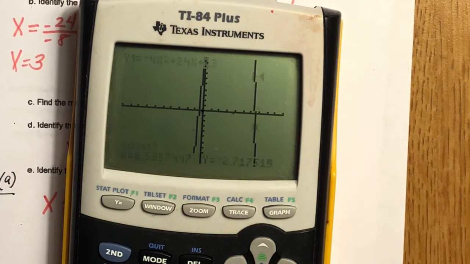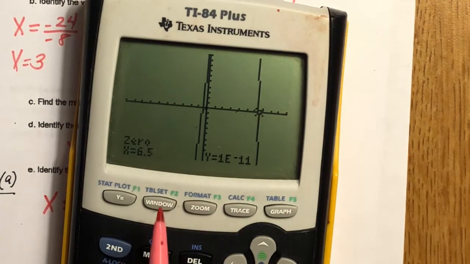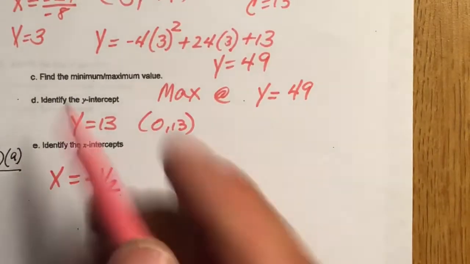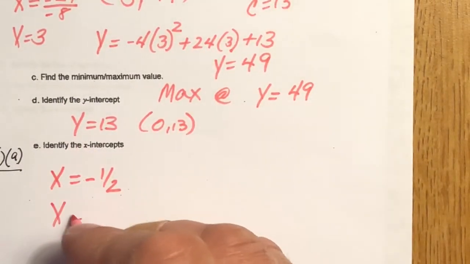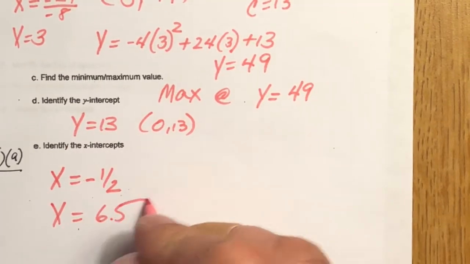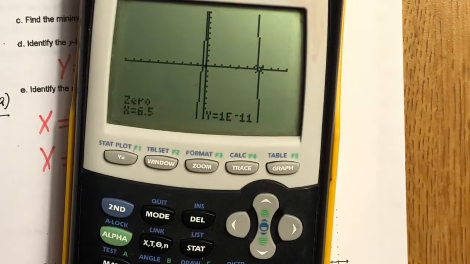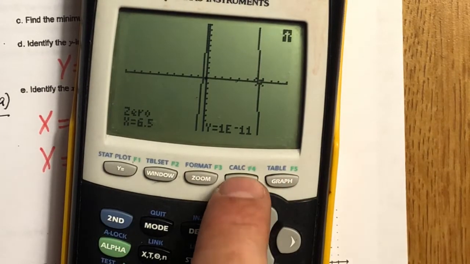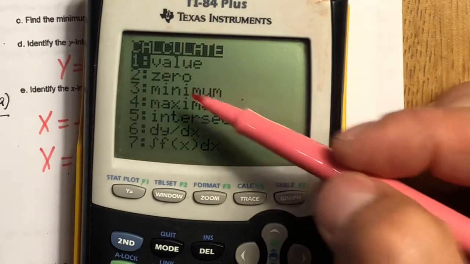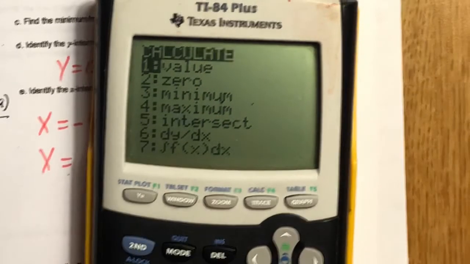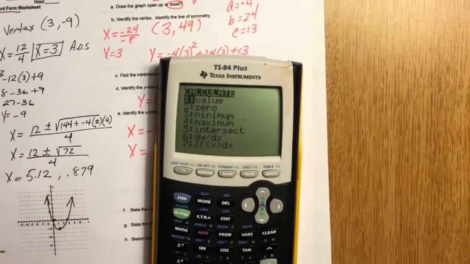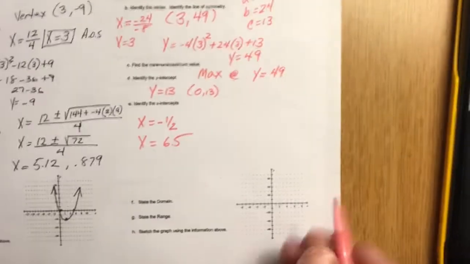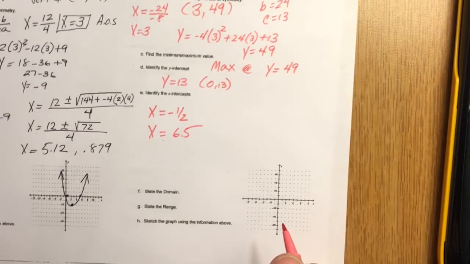Go back in the middle, and I get 6.5. So once again, all I did was use second and then the calculate button to find the zeros there. So that's another way you can check, and you can use your technology to find those x-intercepts.